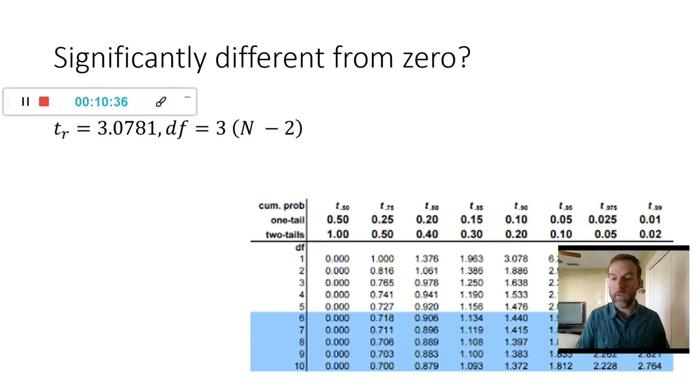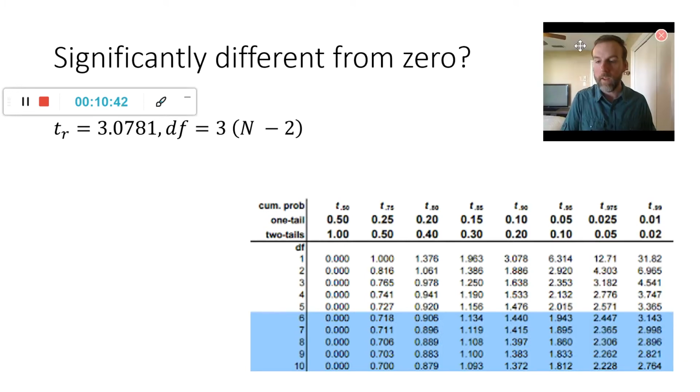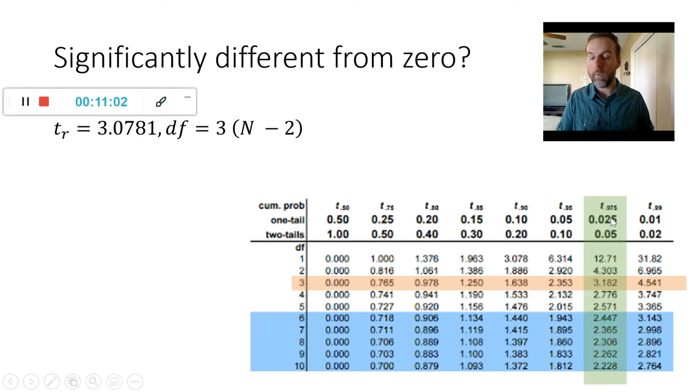And we go to a t-table. We saw these previously in t-tests. We have 3 degrees of freedom, so we're going to be looking along this row. Then we want to do a two-tailed test, so we're looking when our two tails is equal to 0.05, or when one tail is equal to 0.025. So we want to look at this column.